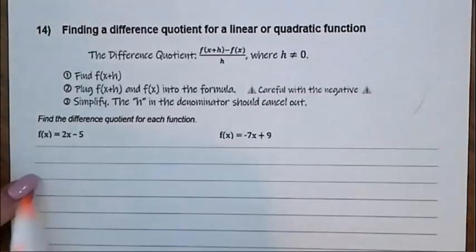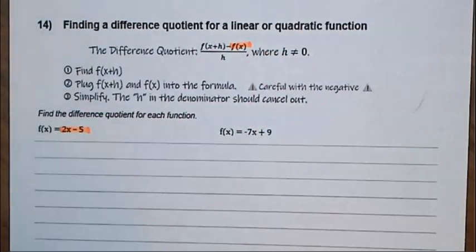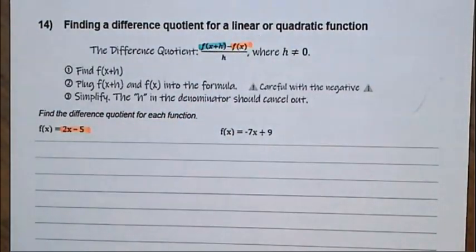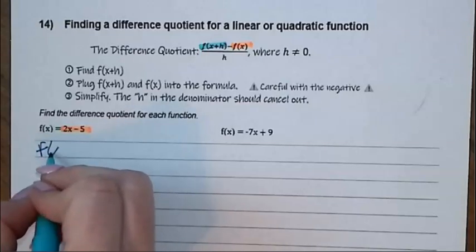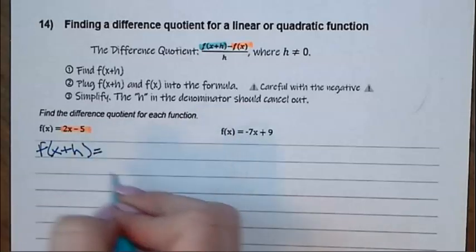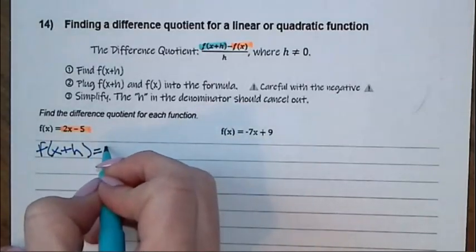So first, I want you to notice that this is f of x. So we have the first part of the formula that we need. We need to find f of x plus h. So let's do that first. F of x plus h. Remember, that means I go into my f function and replace all of the x's with x plus h.